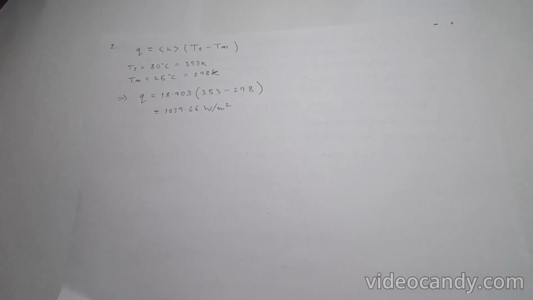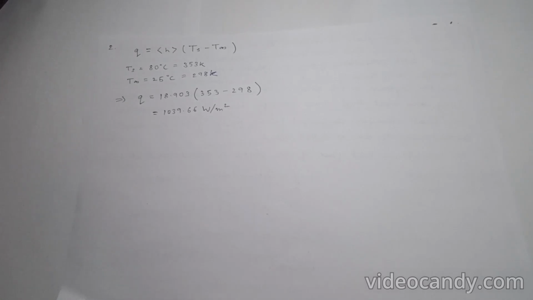Now when we put these values in the equation, we get our heat flux as 1039.66 watt per meter square, which is calculated by Q is equal to h average value into Ts minus T infinity, which is we will take h as 18.903 into Ts, which is 353 Kelvin, minus T infinity, which is 298. So the Q, the heat flux we got, was 1039.66 watt per meter square.